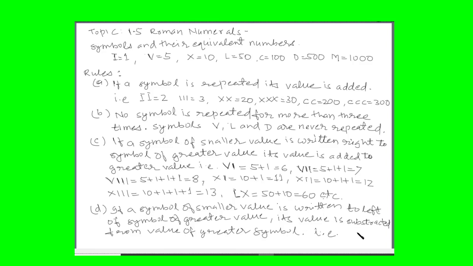That is, I is 1 and V is 5. So this is written as 5 minus 1. When I is on the left of V, we subtract value of I from the value of V, which is 5 minus 1 equal to 4.